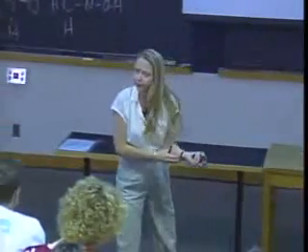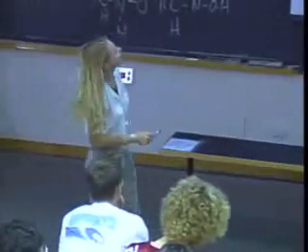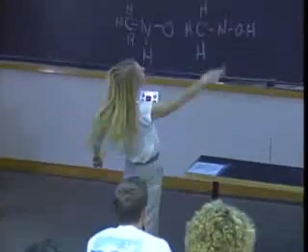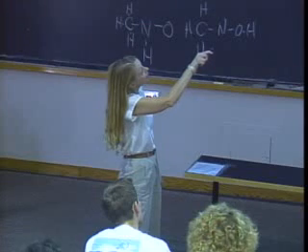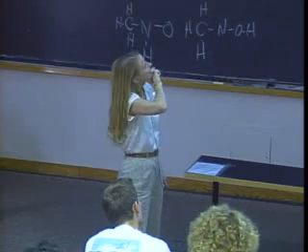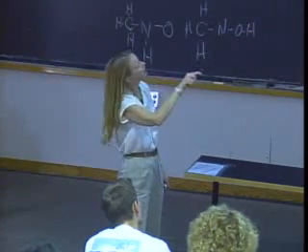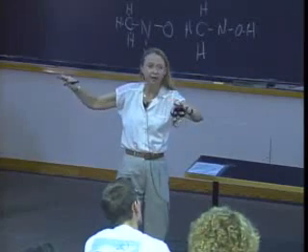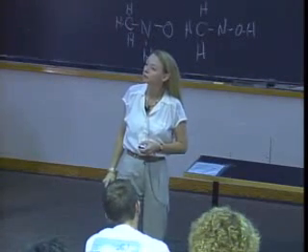But now you see something a little strange here. For whatever reason, I picked this nitrogen and oxygen to make a double bond. But I could have also made the double bond between this nitrogen and oxygen, and if I had calculated the formal charges, I would have identically the same set of formal charges.